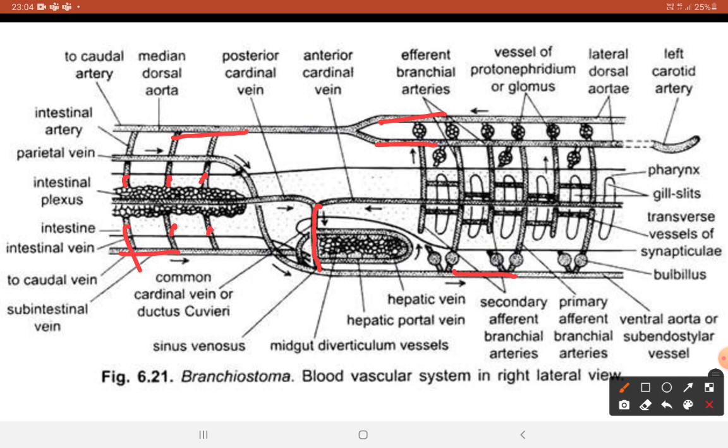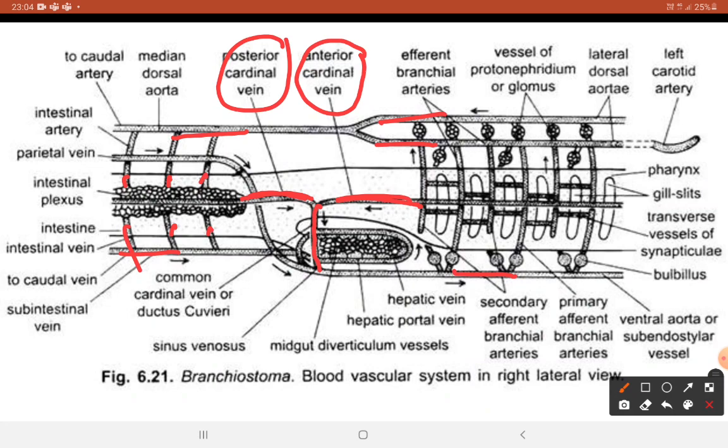Now here the blood from the ventrolateral region of the body is collected on either side by an anterior and a posterior cardinal vein. This is the anterior cardinal vein, and here it is the posterior cardinal vein.